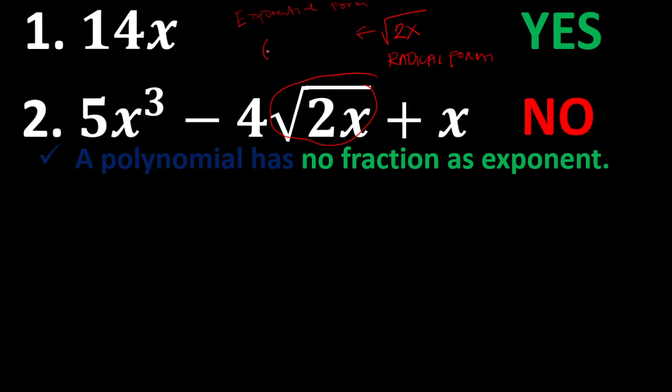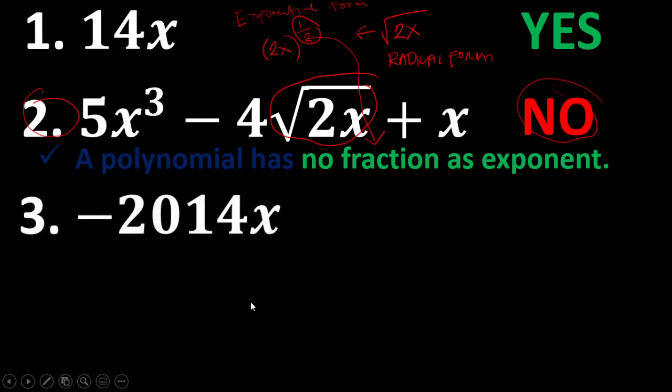If you have 2x and this is square root, that means it is raised to 1/2. So square root of 2x can also be converted as quantity 2x raised to 1/2. And as you can observe, we have a fraction exponent here. That's why this expression is not considered a polynomial, because it has a fraction as its exponent.